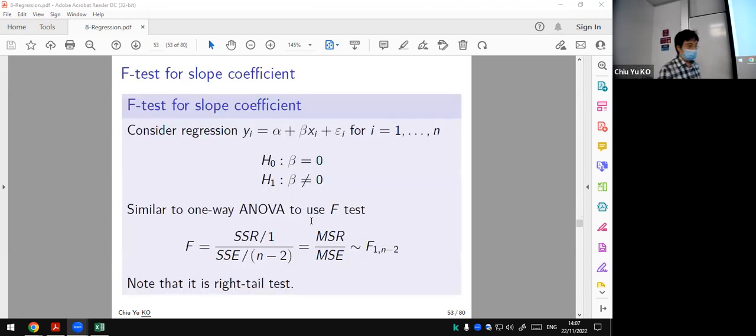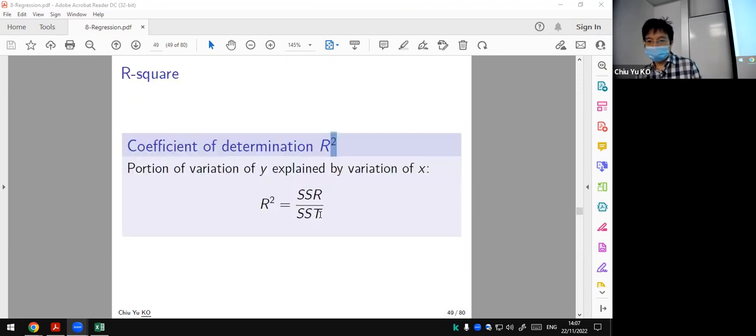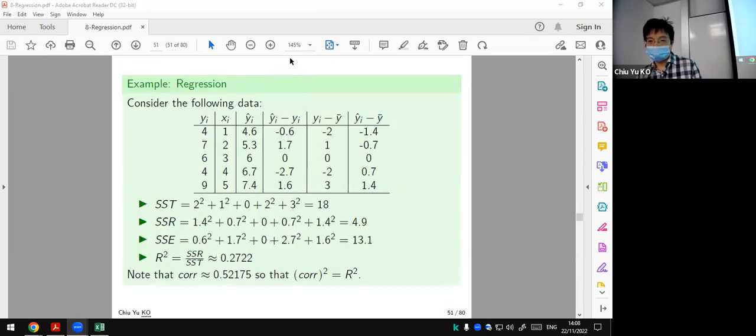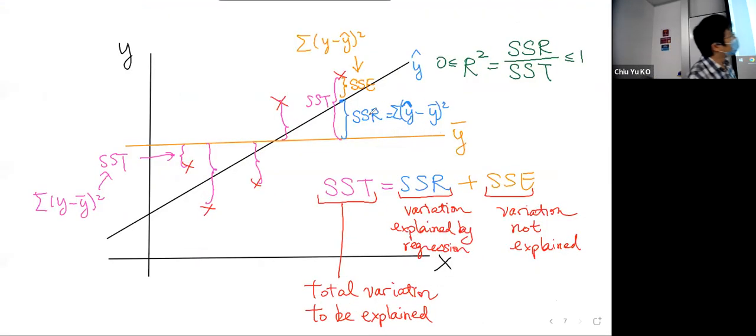Here actually we are comparing variance, and the idea is the following. Maybe I go to the graph, it's easy. Here we're trying to see whether beta is 0 or not. The idea is very simple, right? We look at the measurement of variance measured by SSR and SSE. If the variance of SSR is big enough, then the slope cannot be 0, right?